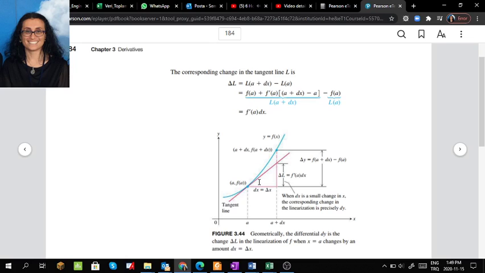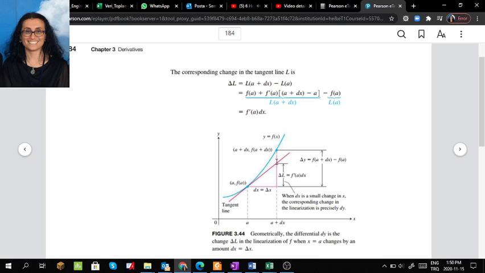So the graph relationship: this is our graph of f, and this is the tangent line. We have a to a plus dx. We go just dx many, but dx is the same as the delta x variable. And then, on the other hand, delta y is f of a plus dx minus f of a. You can consider a plus dx as a plus delta x. Of course, we consider dx as a small change in x, as I said, infinitesimally small.